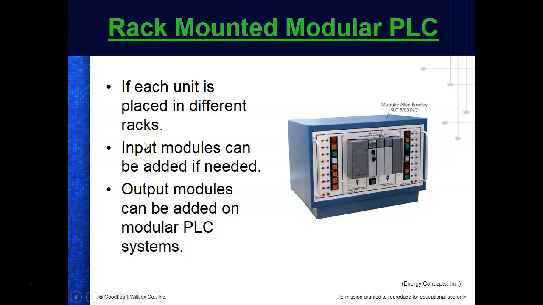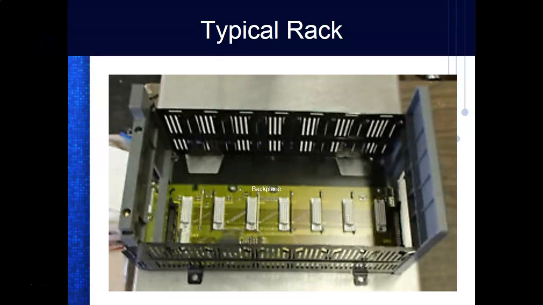So this is a rack mount. This would be the actual rack for a 500 series PLC. So we have all these slots, and you'd slide a card down in here, and I'll try to get one of the 500s over here.